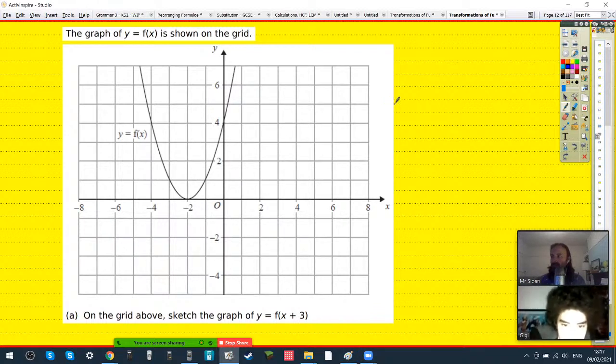y = f(x + 3). You'll move it left by 3. And so what main points can you see that we can move 3 left? -2. Yeah, so that moves 1, 2, 3. Okay, and let's say 2 more for a quadratic graph. There's one on 4.